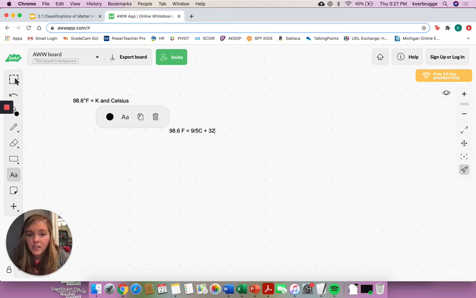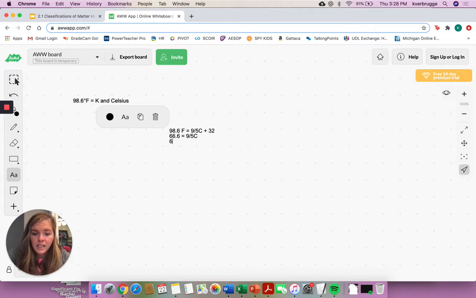Subtract 32 on both sides. So 98.6 minus 32 gives us 66.6 equals 9/5 Celsius.